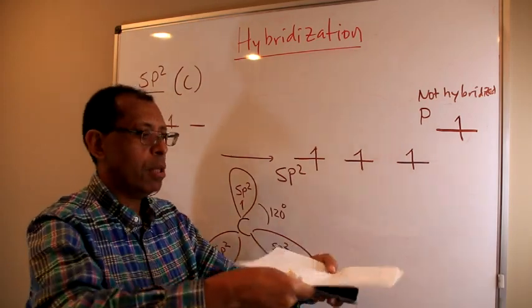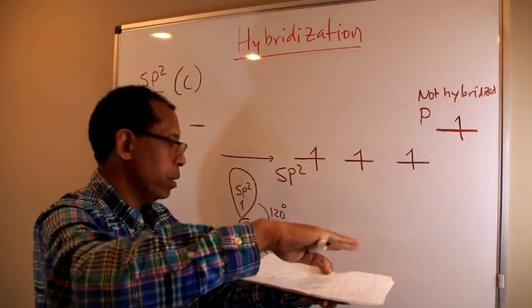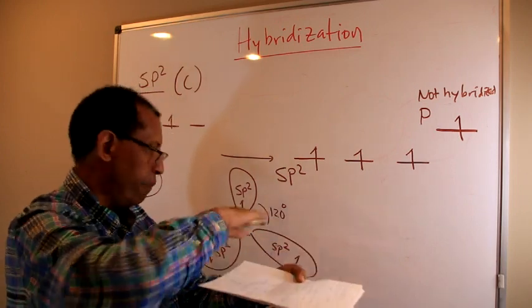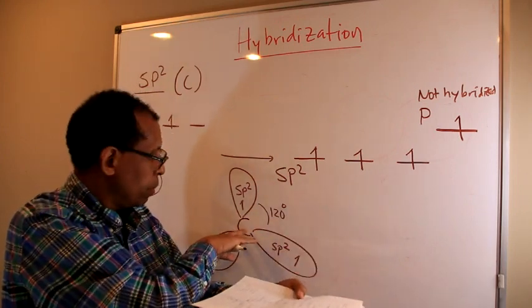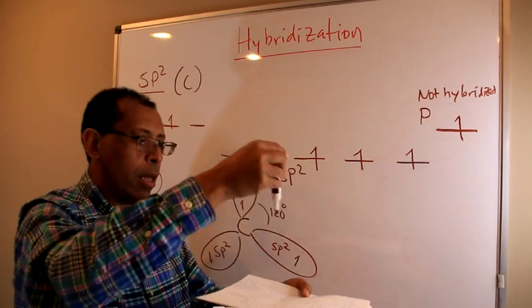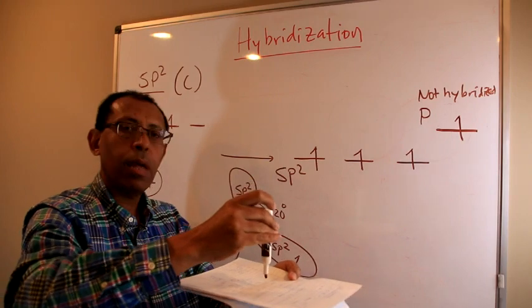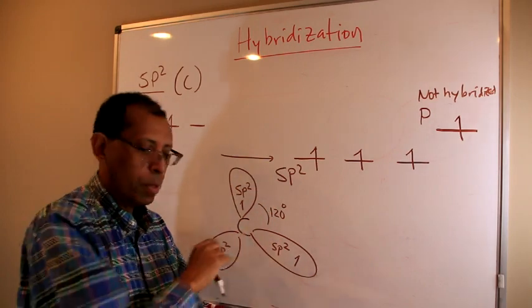For example, if these are all of the sp2 orbitals with carbon at the center in a flat configuration, then the unhybridized p orbital stands at 90 degrees to this.